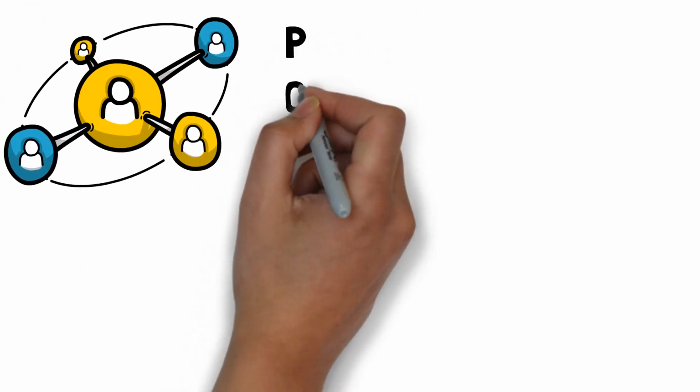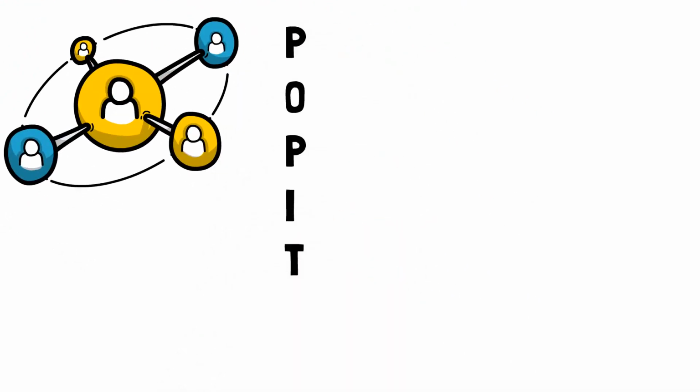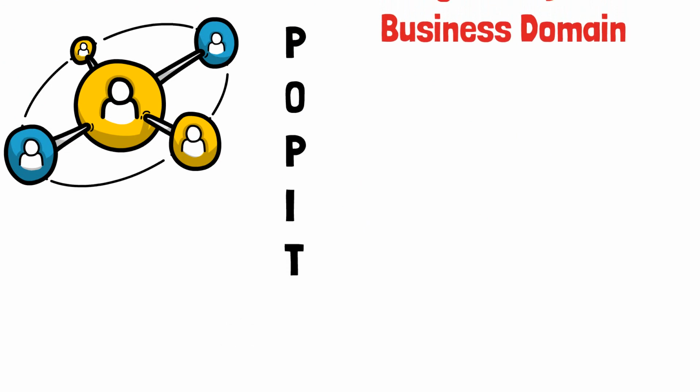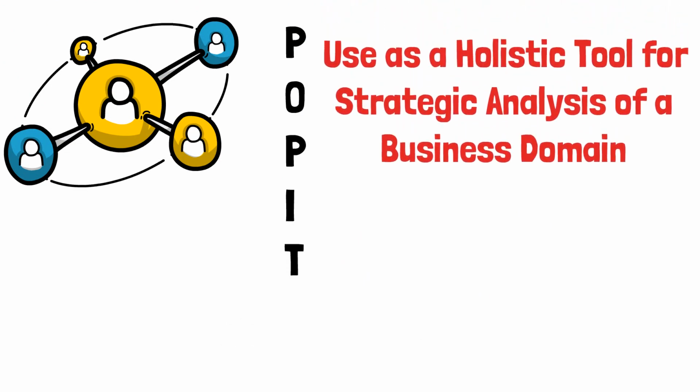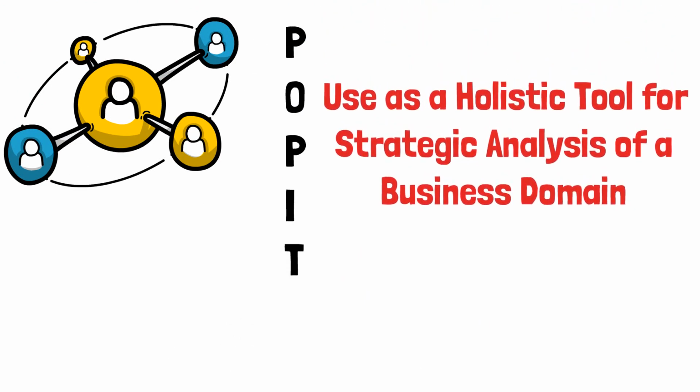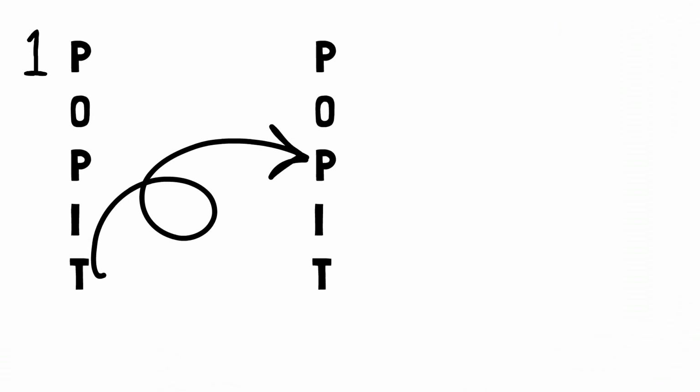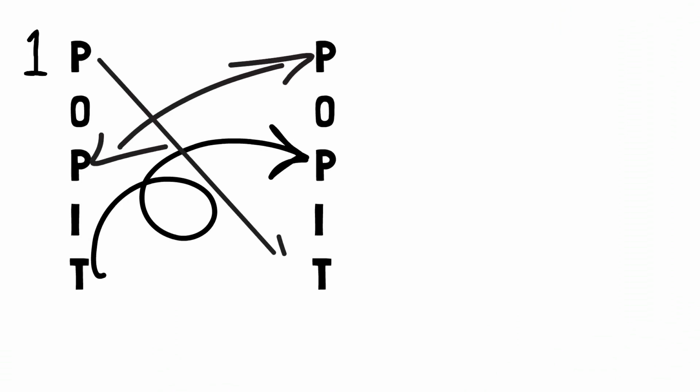Whilst the main purpose of the POPIT model is its use as a holistic tool for strategic analysis of a business domain, it can be applied in many different scenarios, and here are a few. It's quite useful to help you understand if the problem you've been asked to examine will have some impact across other domains in the model, so it can help ensure alignment of your analysis work as you work through it.